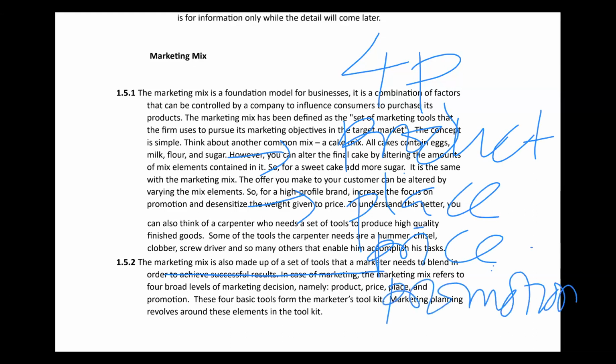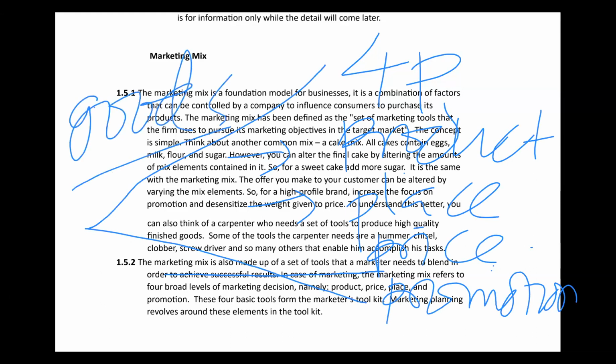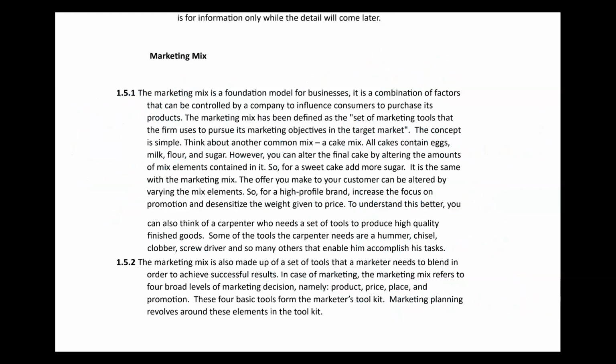These are the ones, of course, but they are biased towards the goods. They don't really factor in or bring into play the aspect of services. But we have seen the growing demand for services.